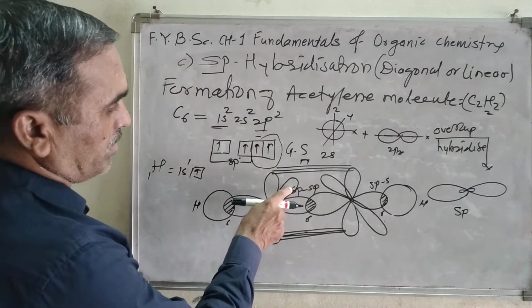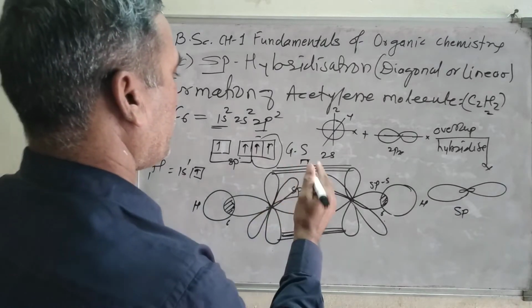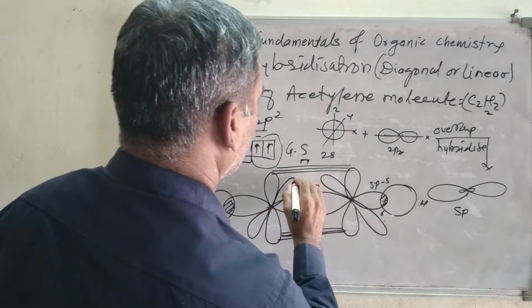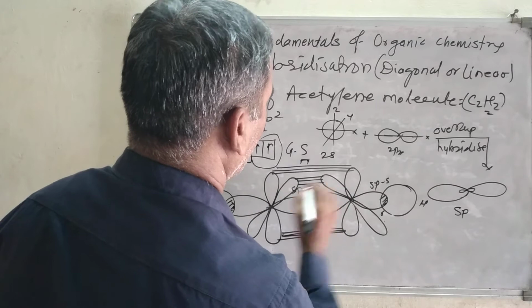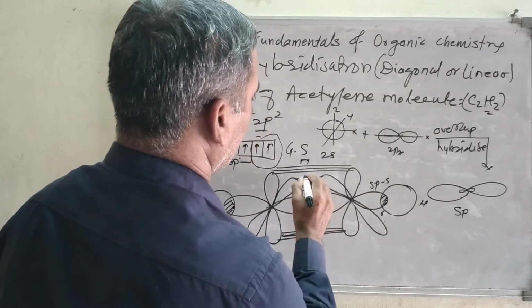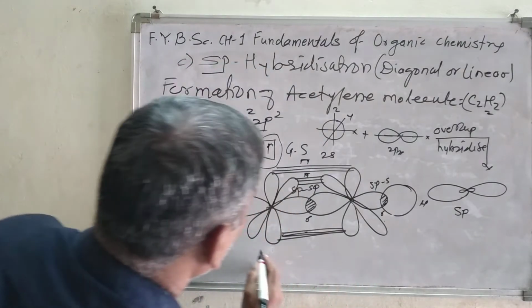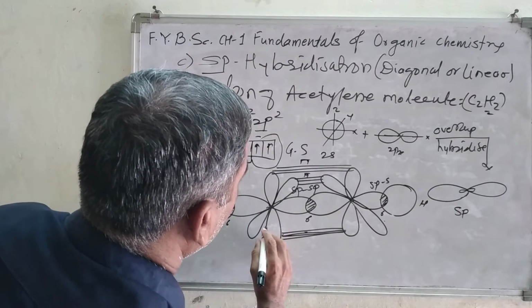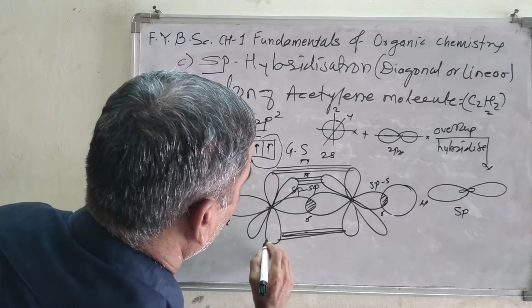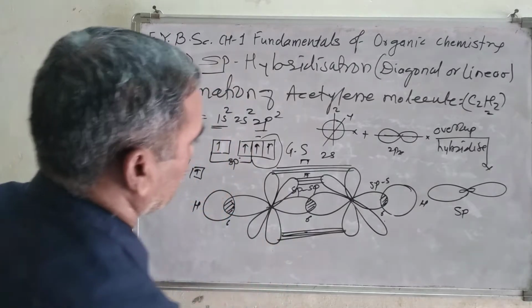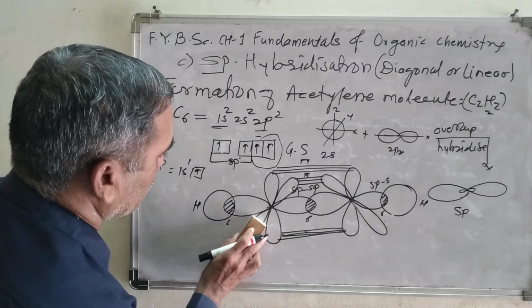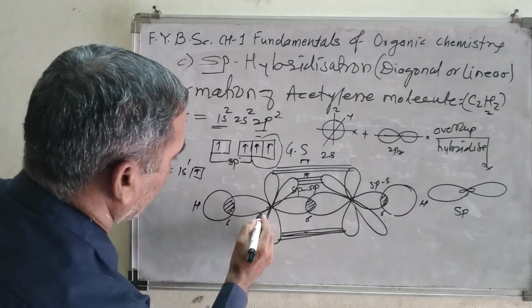And now look at their y orbital. They laterally overlap to form again a pi bond here, right? And now this y orbital, I am showing here somewhat clearly.